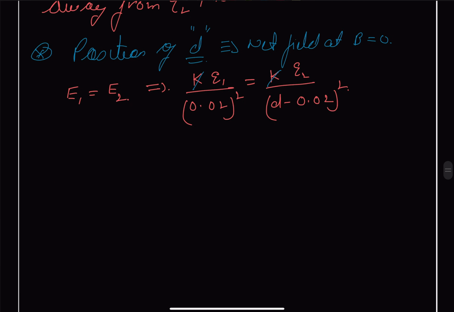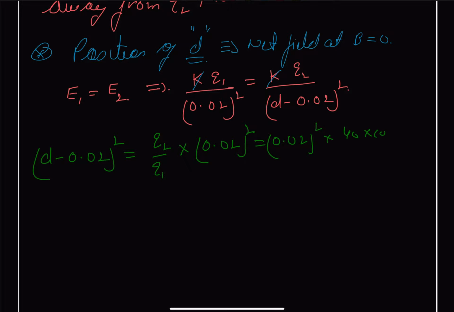So d minus 0.02 whole square will be equal to Q2 upon Q1 multiplied by 0.02 whole square, which is 0.02 whole square multiplied by 40 into 10 to the power minus 6 divided by 10 into 10 to the power minus 6.